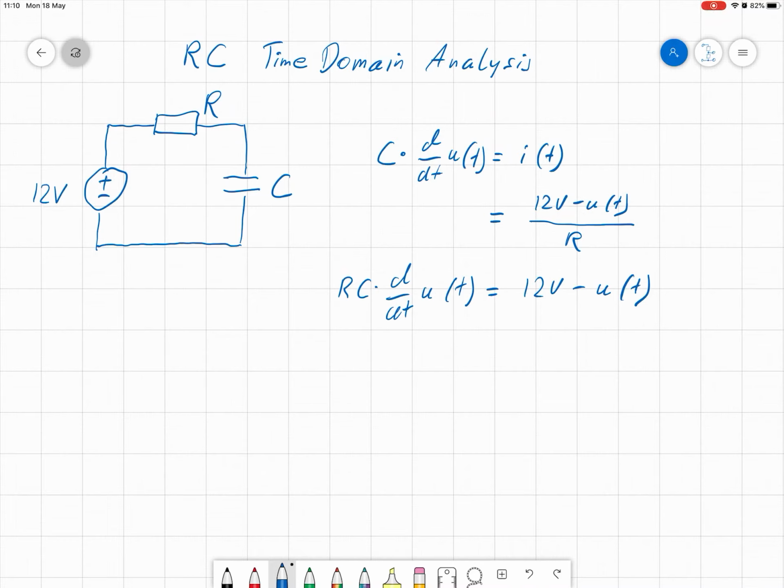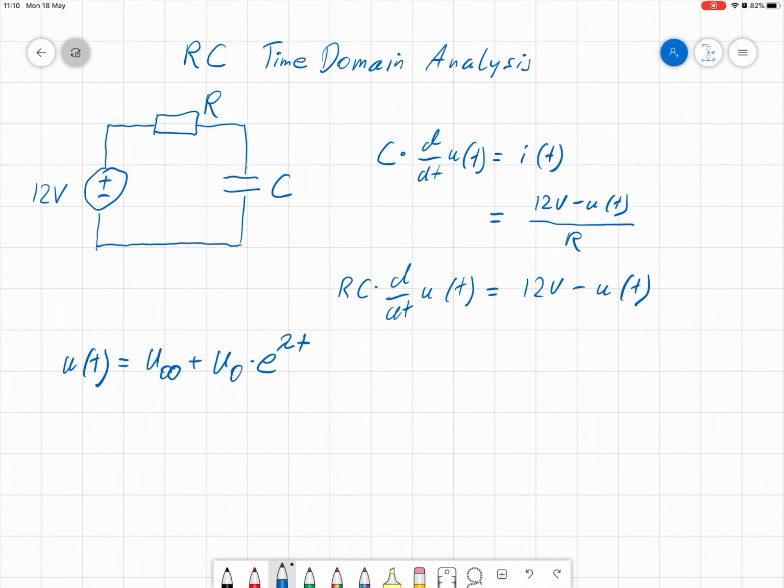So our Ansatz is U(t) is equal to U infinity, so our stationary voltage, plus U naught times, and here comes the exponential function, e to the lambda t, where lambda is a parameter and t is our time. Now you can see we have three parameters in here, and that means we have essentially three unknowns.